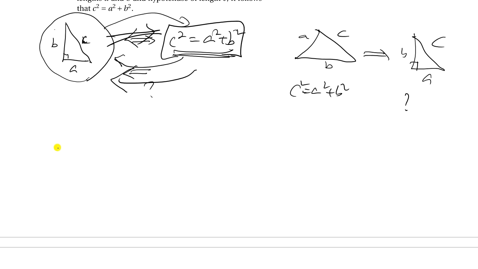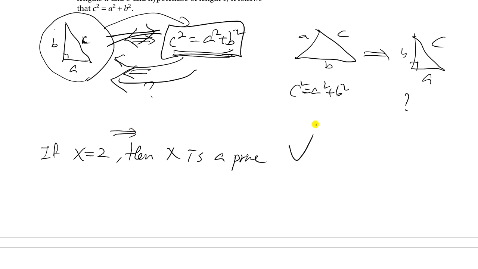So the reason is like this. Let me say it this way. If x is 2, then x is a prime. Yeah, we are familiar with that, so that statement is true, right? Then let's take the converse of it.